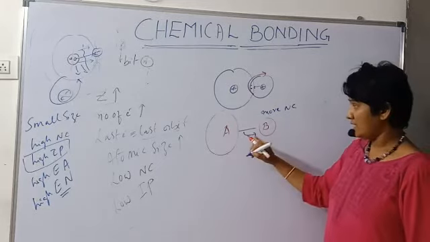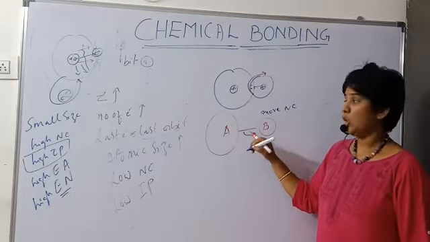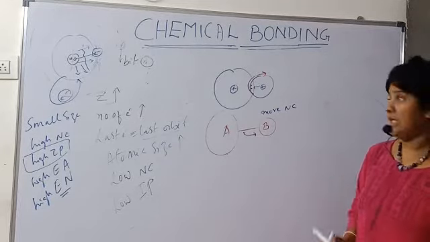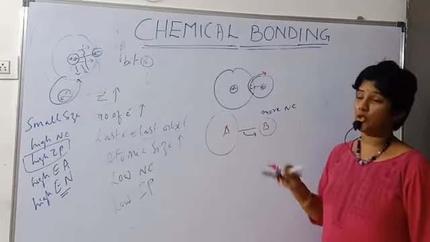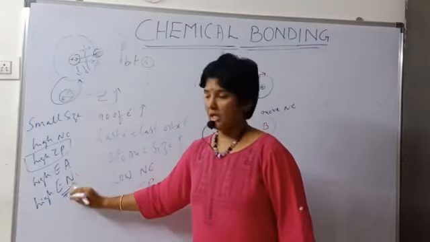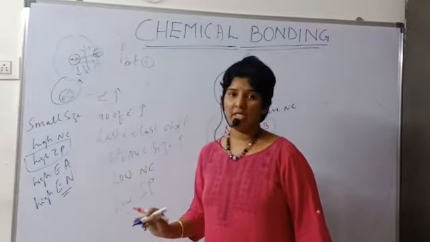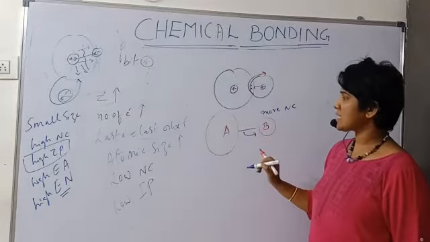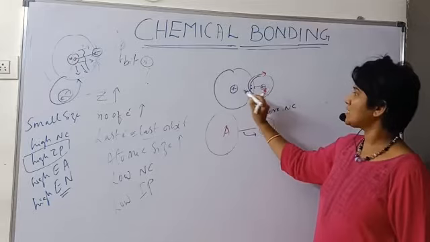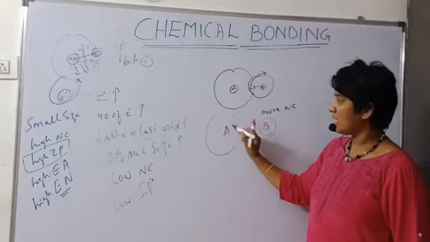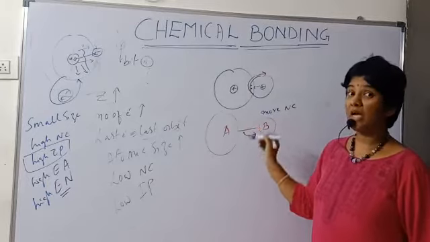This tendency of a small atom to attract the bond pair of electrons towards itself is known as electronegativity. So the bonded atoms, if they are small, have high electronegativity. And this large atom, due to its large size, its nuclear charge is not much over the bond pair of electrons. So this large atom is moving away.